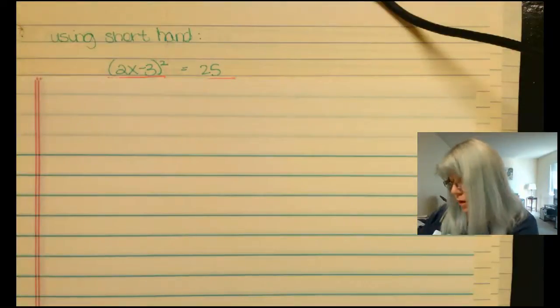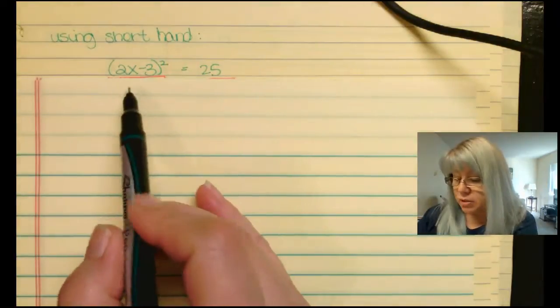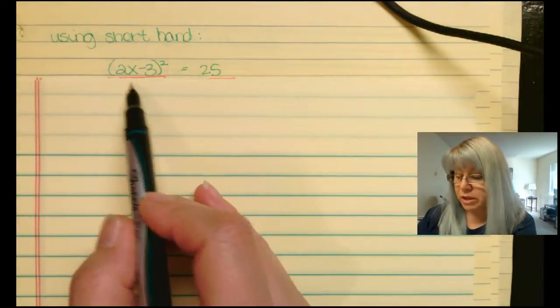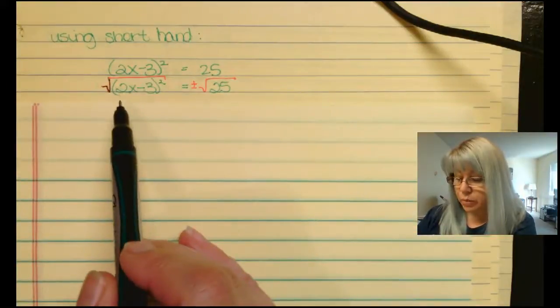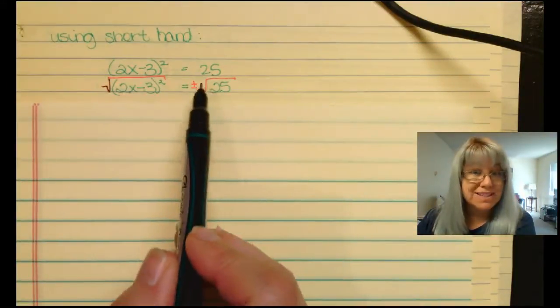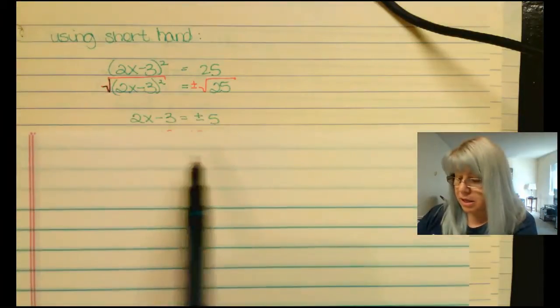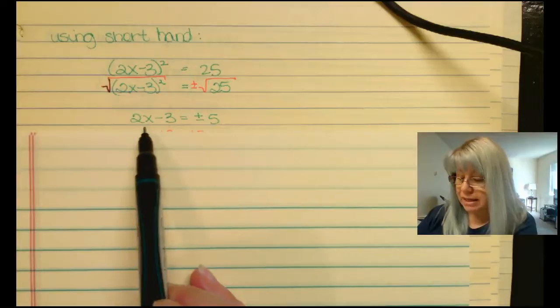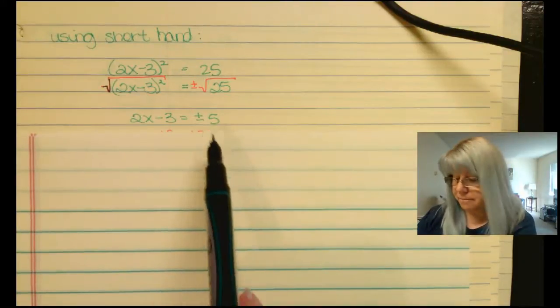Now remember that shorthand notation? Well, we can use that. Let's go back and do the same problem. 2x minus 3 quantity squared equals 25. So when I take the square root of both sides, I'm going to say plus or minus the square root of 25. From here, I get 2x minus 3 equals plus or minus 5.